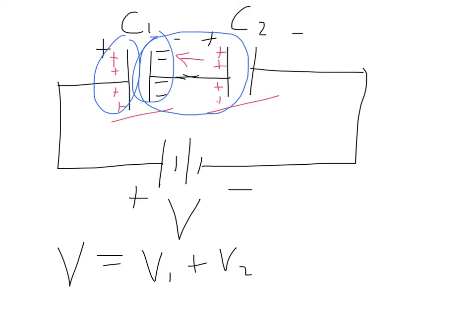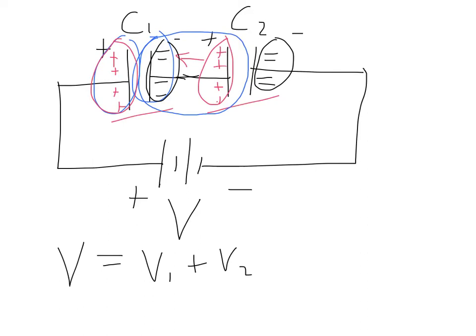These minuses on the left side have to cancel with the positive charges on the right side. Alright, so keep that in mind. And then on this right side of the rightmost capacitor, there's going to be the same amount of minus charges here as there is here, which is going to be the same as the amount of plus charges here and here.